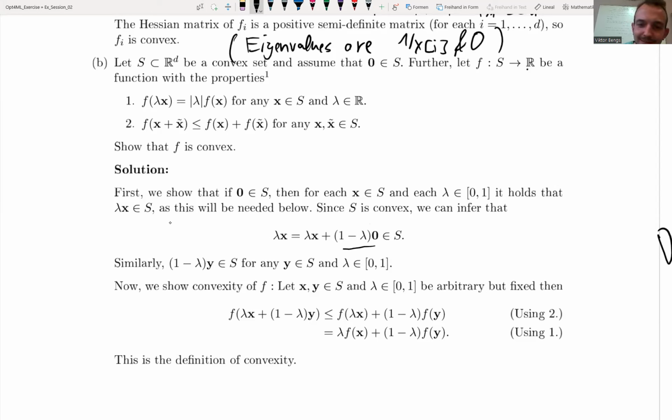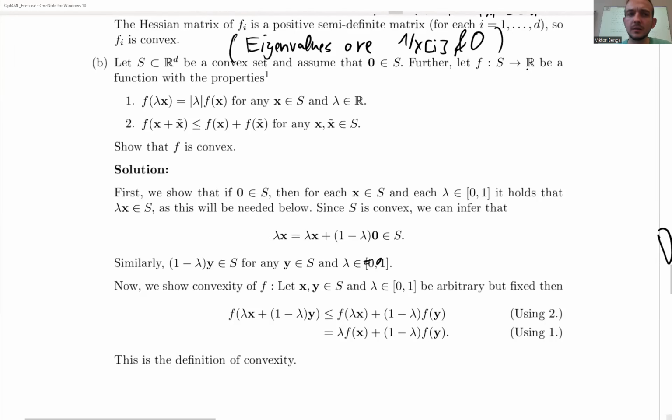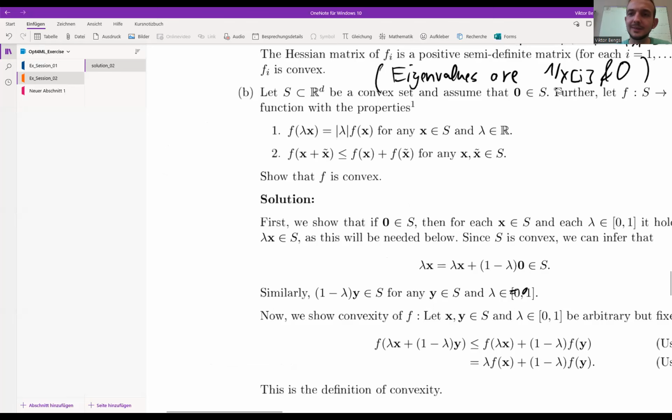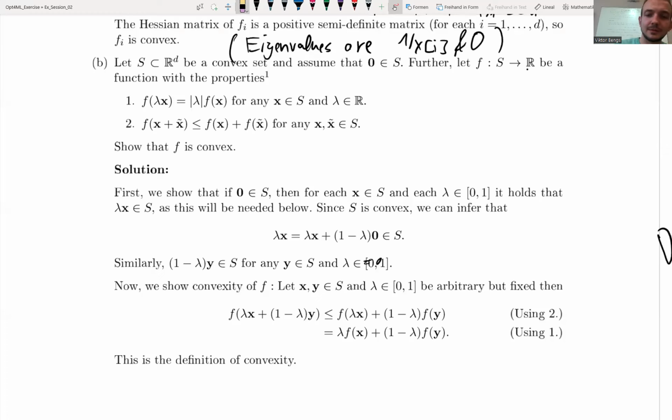Oh, what happened here? Why is it jumping? There's something wrong with the pen. I will try it by mouse, but I guess this is not working that well. The pen is already almost dead.